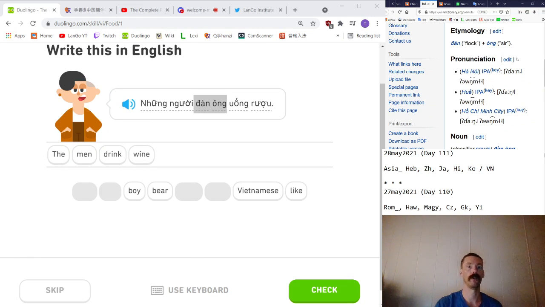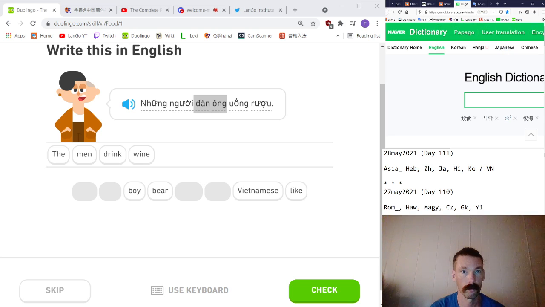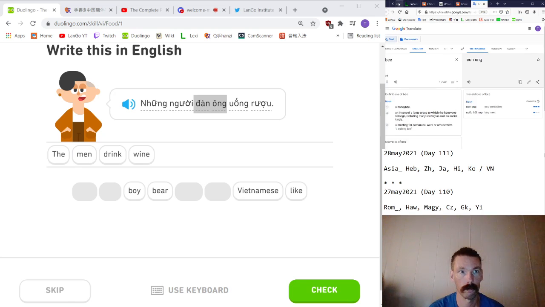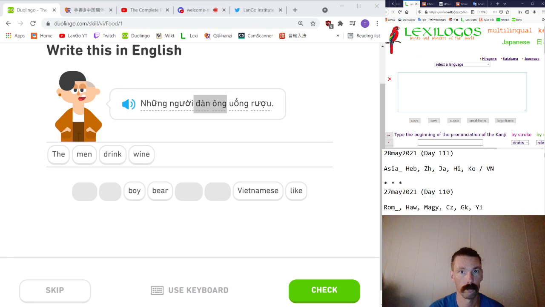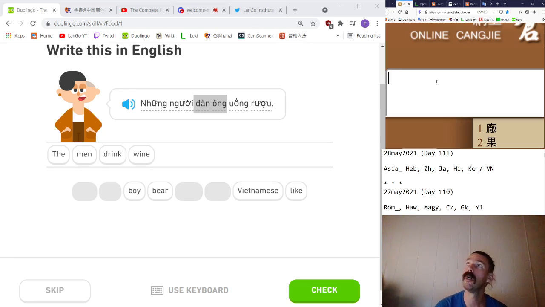Oh, this ong could be from Chinese. It would be this character. Let's see if it works. It has C-I on top, S-I-M. Nope.